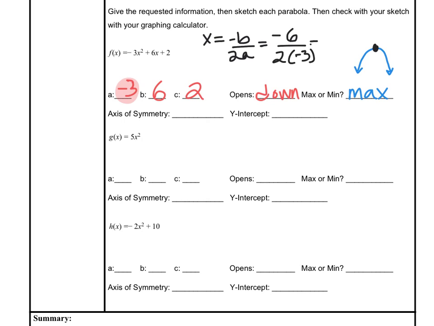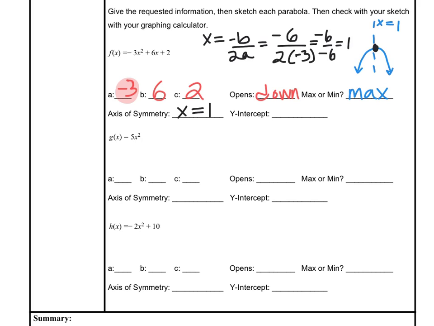That's negative 6 divided by negative 6, which is positive 1. So our axis of symmetry is x equals 1. That is the line that goes through the vertex here. So this line is x equals 1.